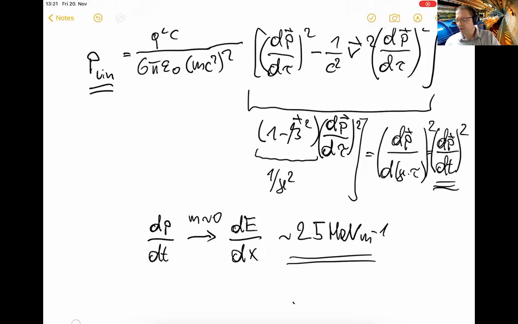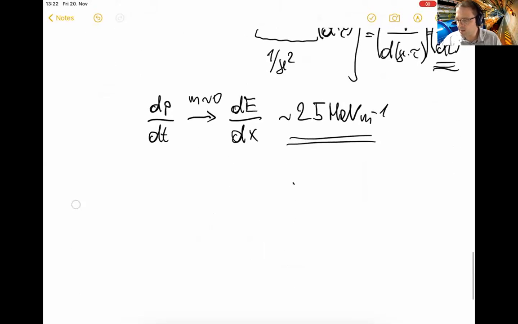So for an ultra-relativistic particle, the change in momentum per time is given by the energy gradient on a certain distance. So we have 25 mega electron volts per meter.